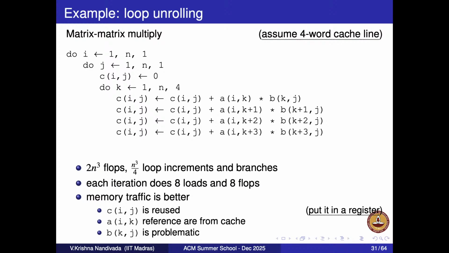In each iteration, I am doing 8 loads, right? And memory traffic, Cij is reused, not surprising. This is also cache aligned. Okay.